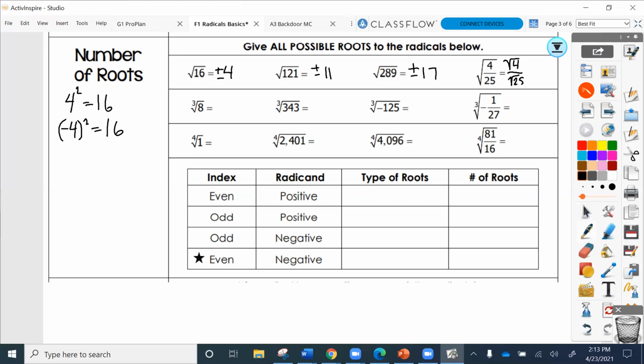But because both of these are square roots, we have to say that this is plus or minus, the square root of 4 is 2, and the square root of 25 is 5. Now, this is what we call an even root. Also, the fourth root is going to be an even root.